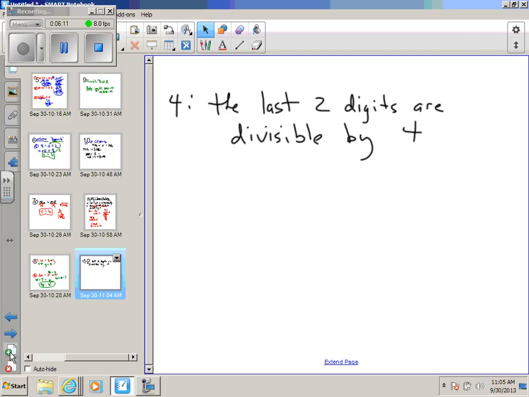And don't add anything for the 4. Sometimes people make the mistake. They just got done adding the digits to test it for 3, and then they use that sum and test it for 4 based on the same thing. No, no, no. 4 works a little bit different. In fact, I think 4 is easier.